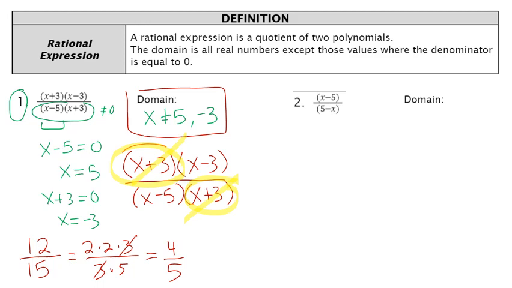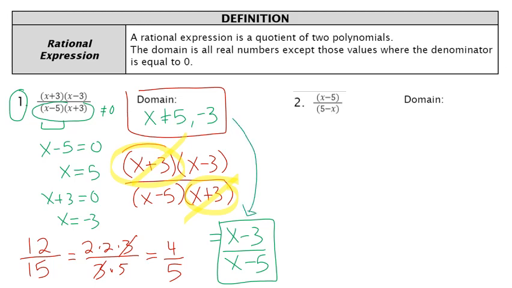So when I go ahead and now rewrite this reduced out, I'm left with x minus 3 on top, x minus 5 on the bottom, and this would be my final simplified answer. Now notice we did the domain before we simplified it, otherwise you might not have found that negative 3 in there, and that's why we always find the domain after we factor but before we simplify.